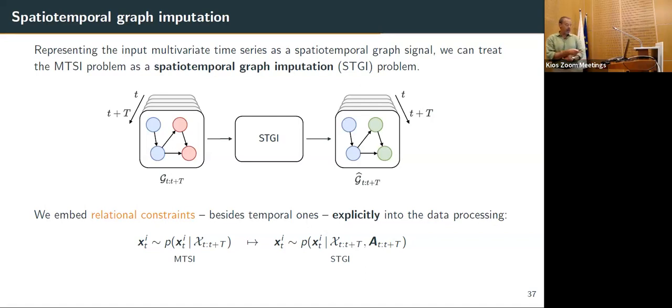So within a graph approach, what you do is to take advantage of the presence of the topology, the links, the constraints.